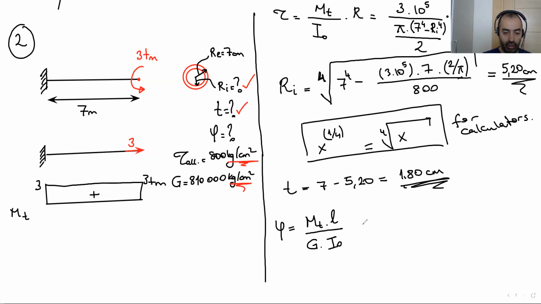What is Mt? Mt is 3 ton meter, converted to kilogram centimeter, times 5. What's the length of the cantilever beam? 7 meter, which is 700 centimeter, over G. What is G? G is given in the question. Take directly what it is.